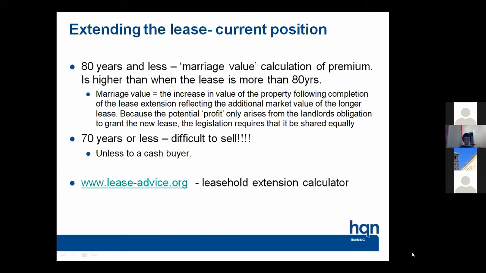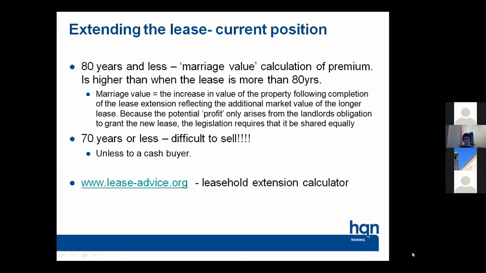It's just a higher value because of that marriage value. I'm not going to run through all of that. It's quite complicated. And in order to arrive at any value, there has to be a Royal Institute chartered surveyor, valuer to carry out the valuation. They have to be an approved valuer.